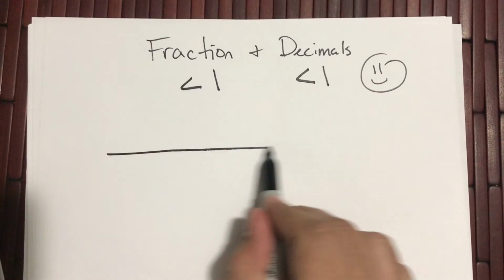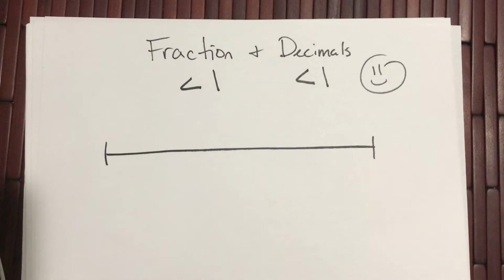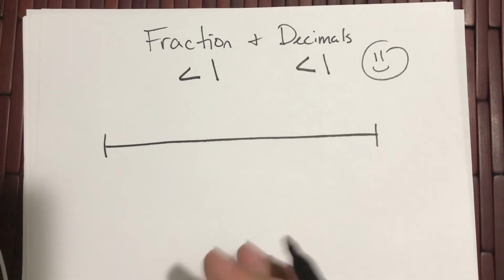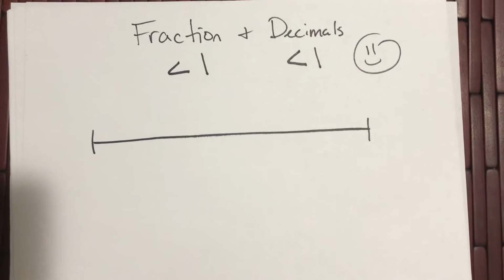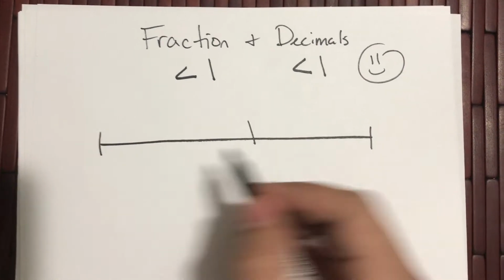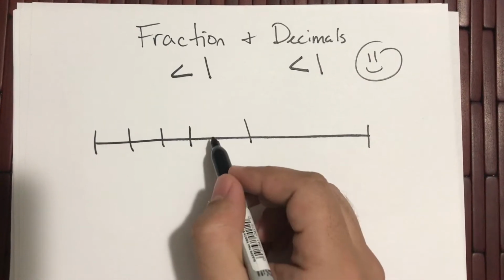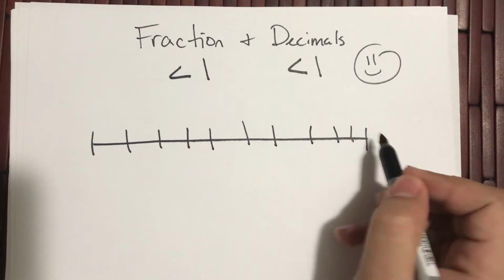Okay, and I want to remind you that decimals work in the power of 10, meaning that you need 10 hundredths to make a tenth, 10 tenths to make one whole, and so on. So I'm going to take my number line and divide it into 10 parts, right? 1, 2, 3, 4, 5, 6, 7, 8, 9, 10.